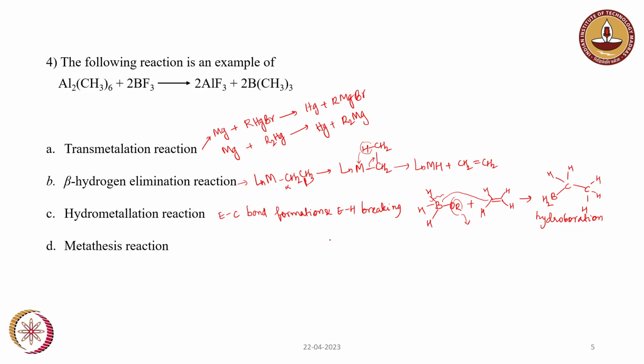And in hydrosilylation, the reaction is SiH4 reacting with the alkene in the presence of H2PtCl6 and 2-propanol.